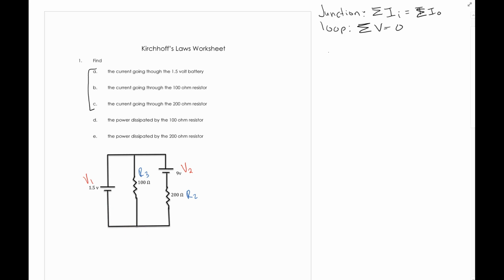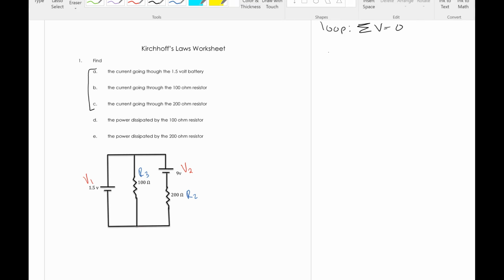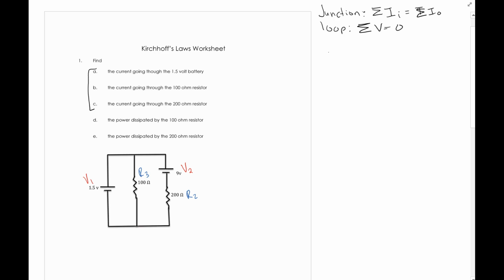The next thing we're going to look at is where do we predict our current to be flowing through this circuit. We typically see that current should be flowing from the positive terminal of our battery around the circuit to our negative terminal. As a result, because my long side is my positive and my short side is my negative, I'm predicting that current is going to flow like this for that side of my circuit.